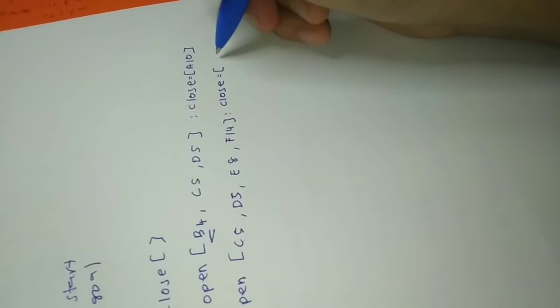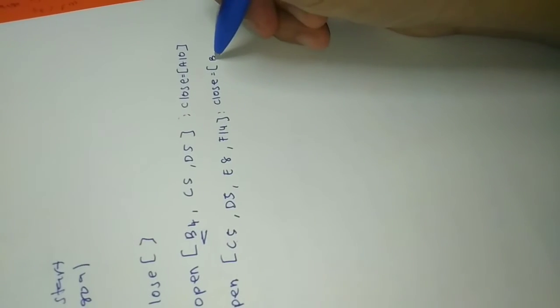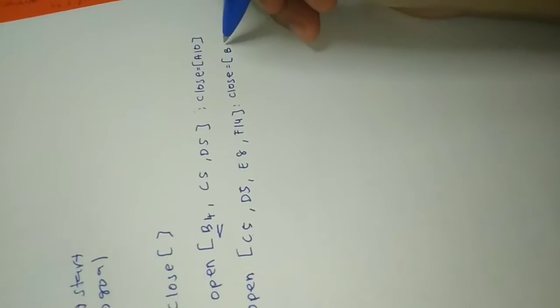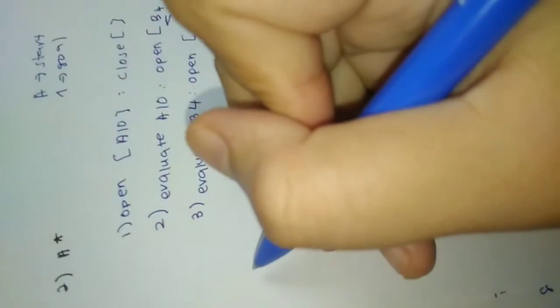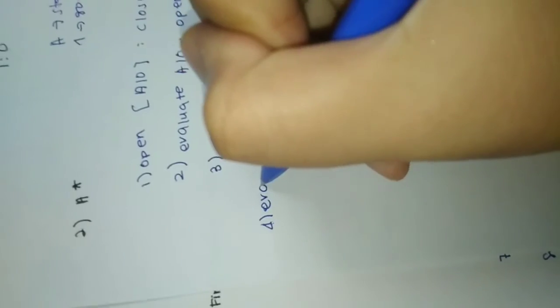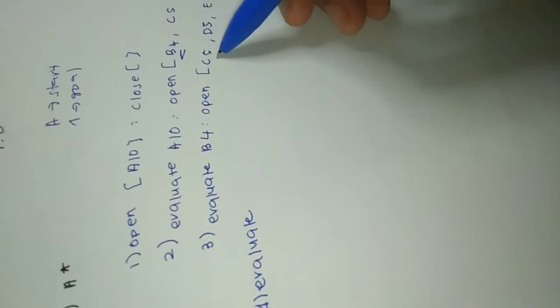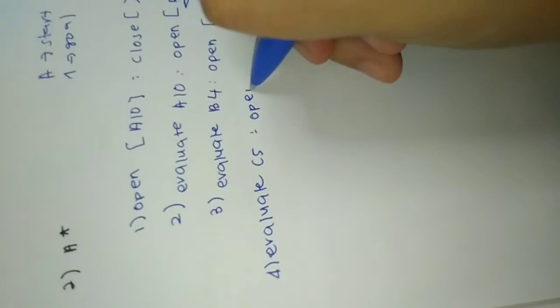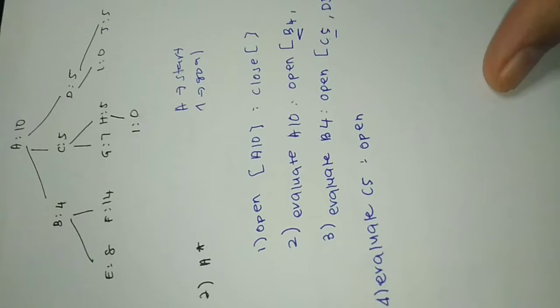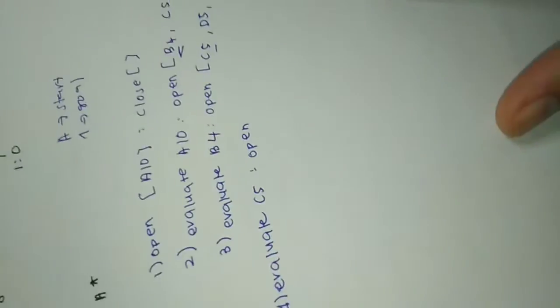Close B4. So since B4 is much lower than A10, B4 is going to be at the front. So we're going to move A10 to the back. And then since it takes too much space, I'm going to start from here. Okay, and then 4, we're going to evaluate the next, which is C5. When we evaluate C5, we have to open what's under C5, which has G7, H5, and I10.